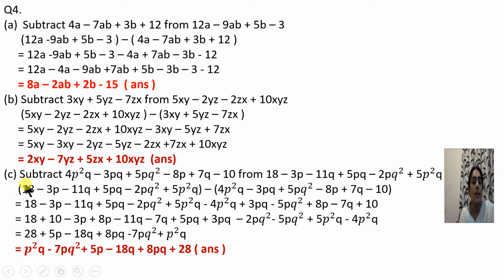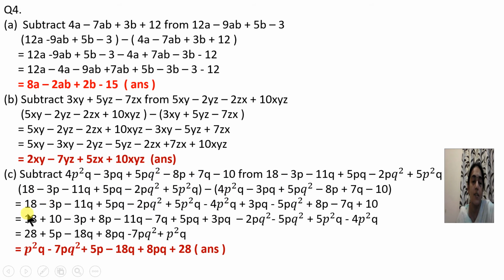The next one, subtract. 4p square q minus 3pq plus 5pq square minus 8p plus 7q minus 10 from this. So whatever is written after from, I write down in one bracket, put a negative sign and write this in the other bracket. When I open the bracket, this bracket will remain as it is.